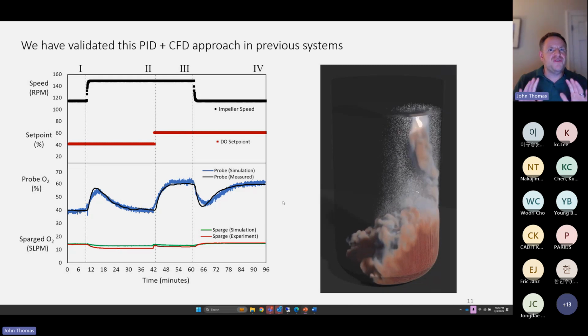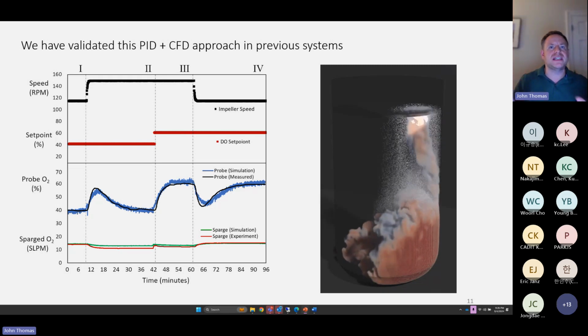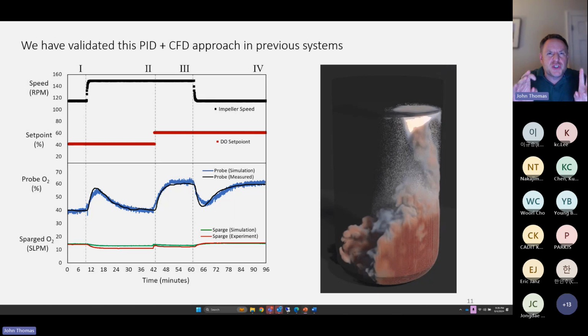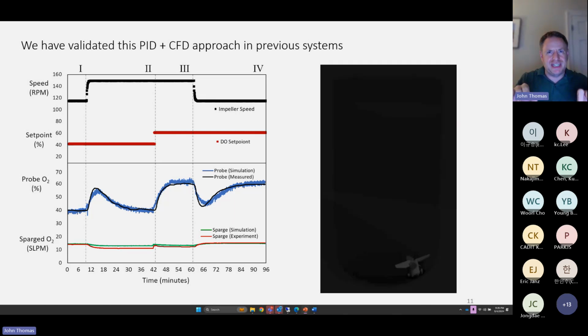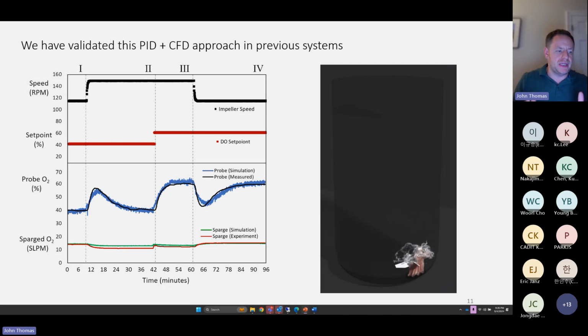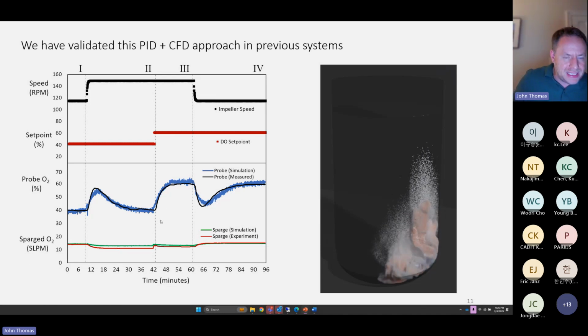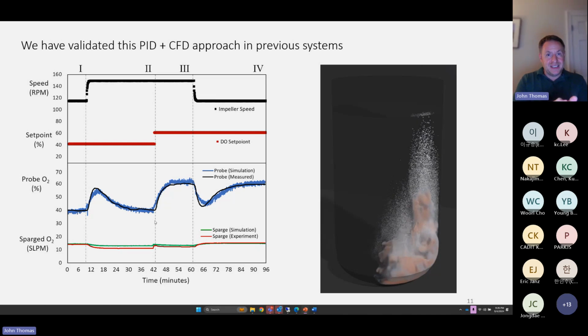Now, importantly, nothing was changed. This was one simulation. We didn't change rules over the simulation. We didn't mess around with numbers to get it to work. Because we're appealing to first principles and generalized momentum, species, and bubble transport models, nothing changes between runs and scales. And the fact that we're getting it right tells us both our fluid mechanics and our control dynamics are right.